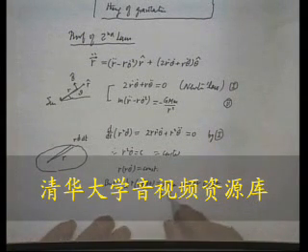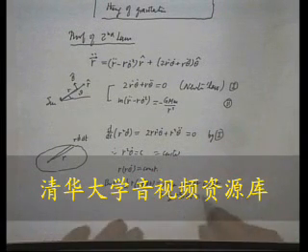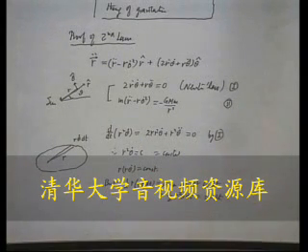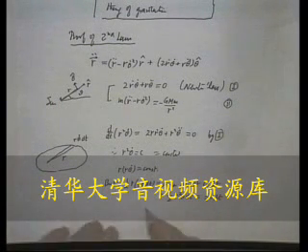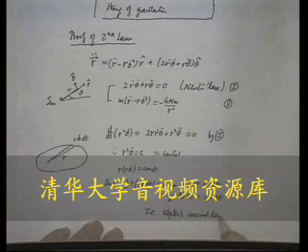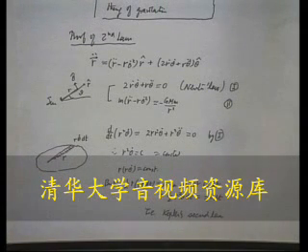This equals 1/2 r squared theta dot dt, which equals 1/2 c dt. In other words, the area swept in dt is a constant times dt, and that's the second law. The area swept is proportional to dt, a constant times dt.